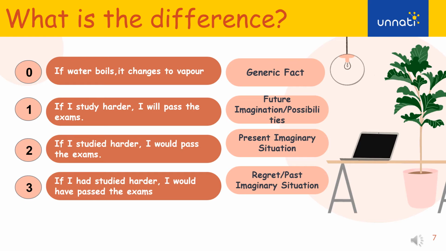So you are regretting the fact that you have not studied hard. And you are going to the past thinking of an imaginary situation of if you had studied harder, then you would have passed the exams. I hope this clears your confusion if you had any till now.